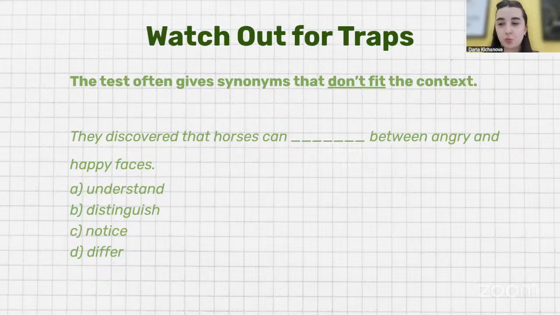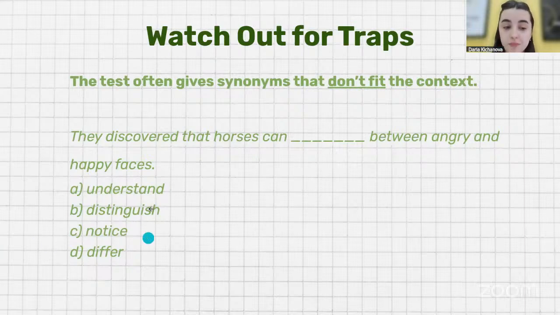All of these words are kind of similar, but you feel maybe sometimes that they are different. Of course, that's true. So the test often gives us synonyms that don't fit the context, but can be similar to our answer. As we already discussed, we needed a word that means to see the difference between some actions, some objects, and so on.